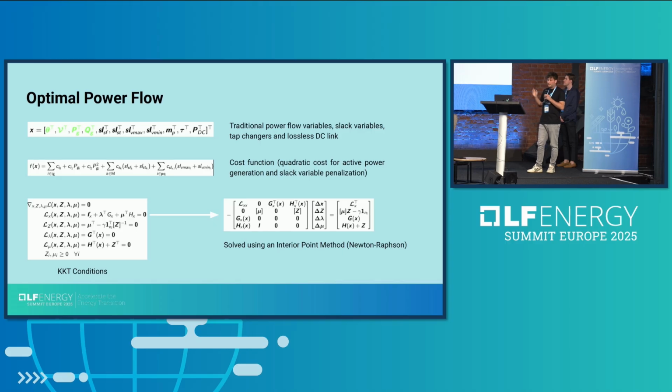We start from the typical power flow variables, which are the voltage angle and modules, and the active and reactive power generations. And we expand the formulation by using some extra variables, which are the slack variables to relax the voltage and line rating constraints. So for systems that are a bit congested, the system can be solved if the option is activated.